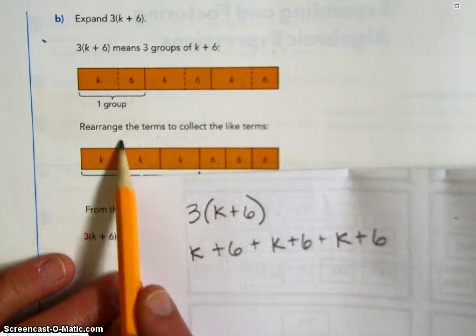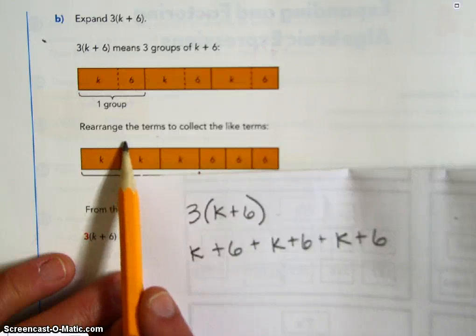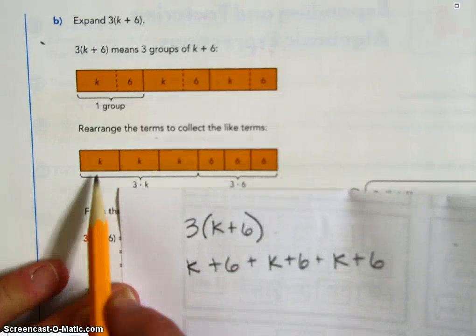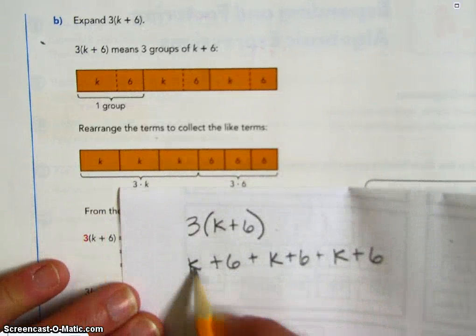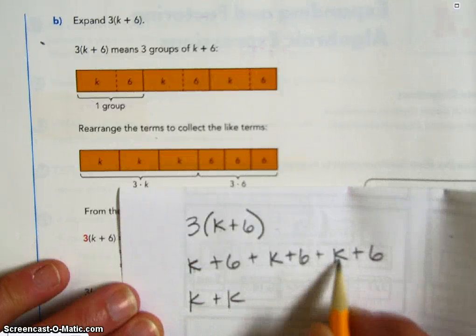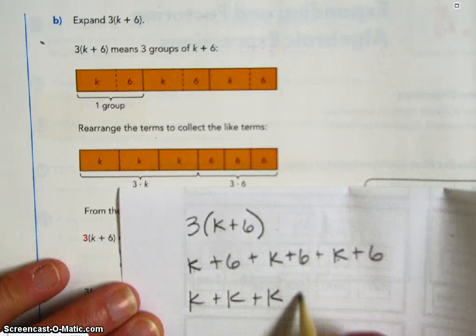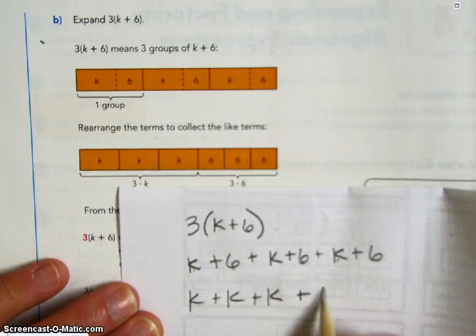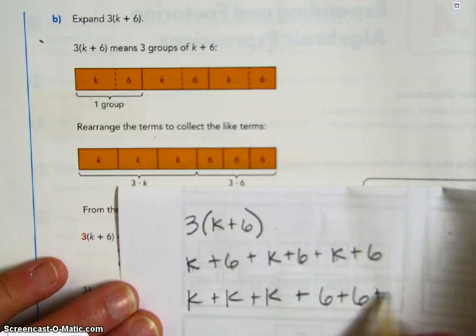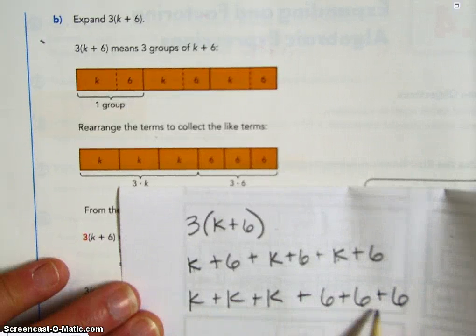Now we do just like we did today in class on our entry task, and just like we did yesterday on our homework, we're going to put like terms together. So k plus another k plus this other k, and then plus our 6, our other 6, and our other 6. Now we just combine all of them.